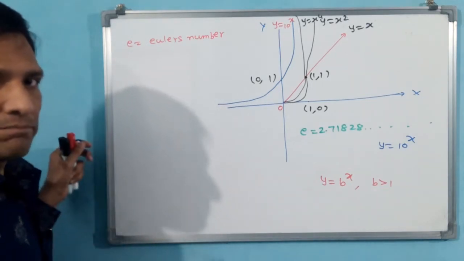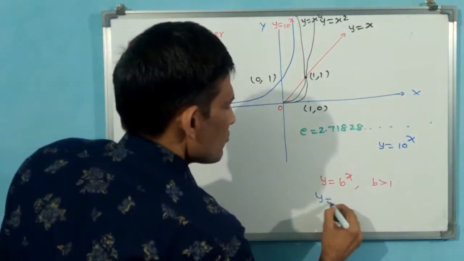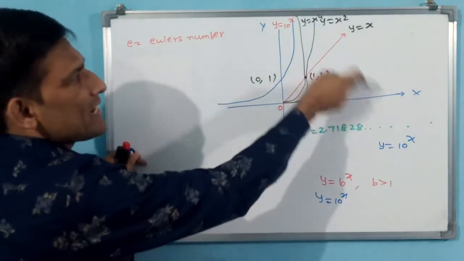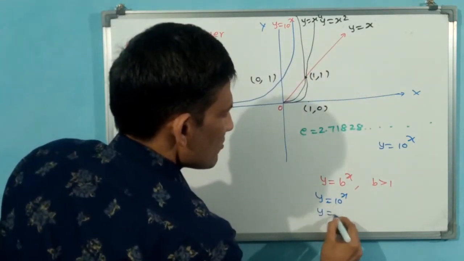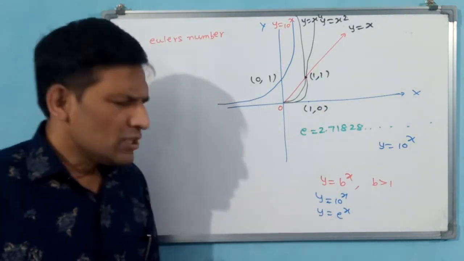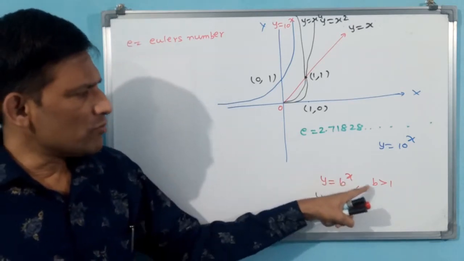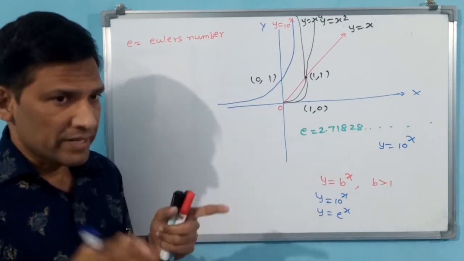And how has it come? Now see, y is equal to 10 power x, we have standardized one. Rather than this, another one we are standardizing: y is equal to e power x. Now these two are the exponential functions. See, this is the condition, y is equal to b power x, because we are studying these two functions taking some standards.